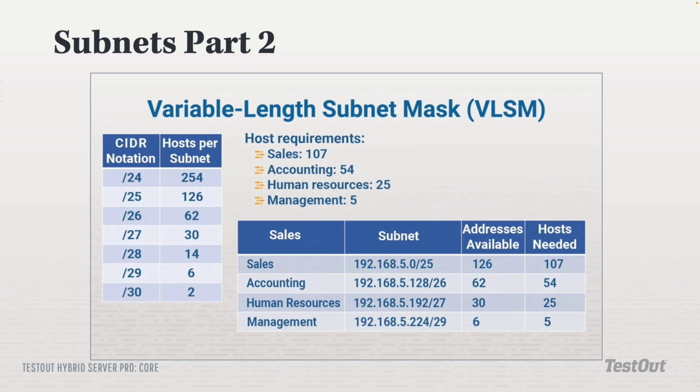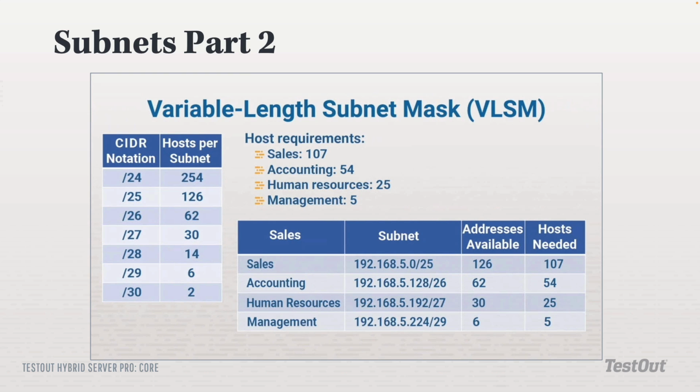It does, because we need 54, and that gives us 62. Moving on to HR. HR needs 25. So our next step down is 32, right? Minus 2, one for broadcast, one for network. That'll give us 30 addresses. So therefore, it meets our requirement of 25.